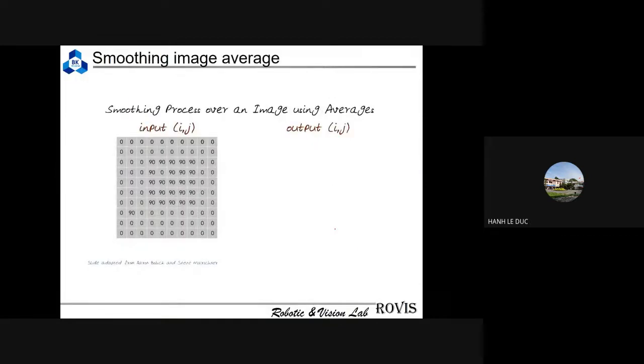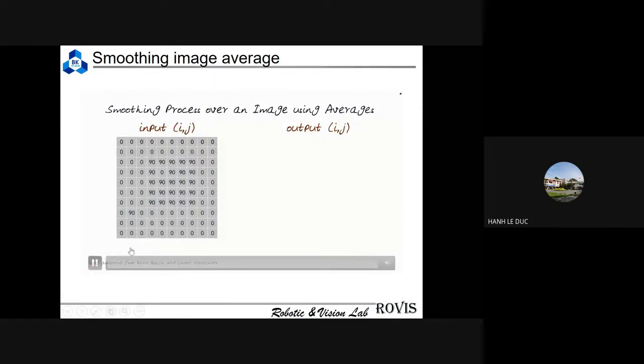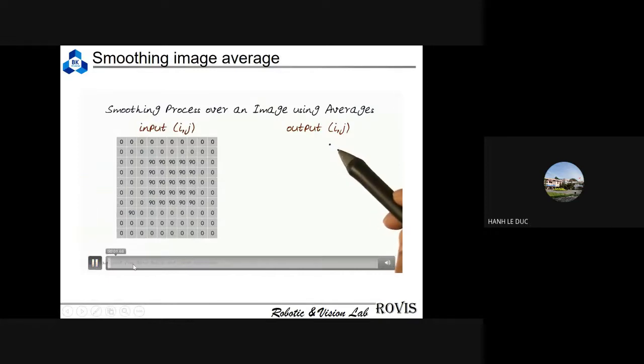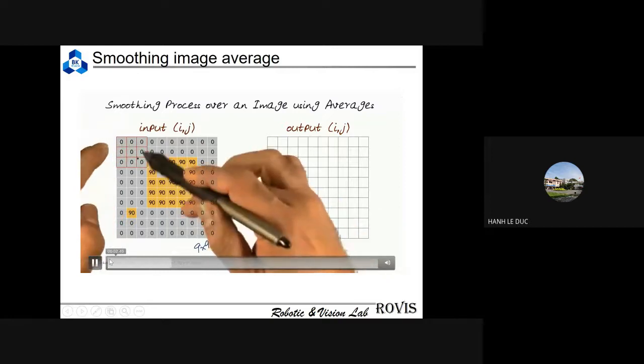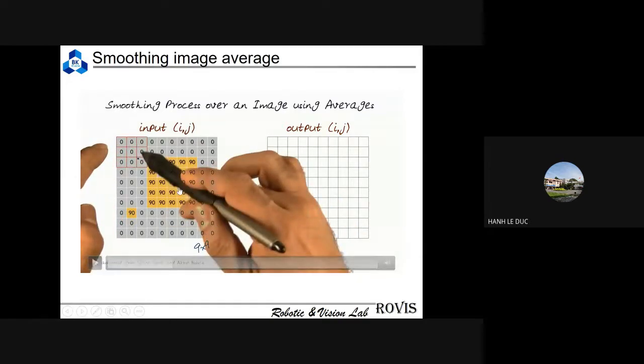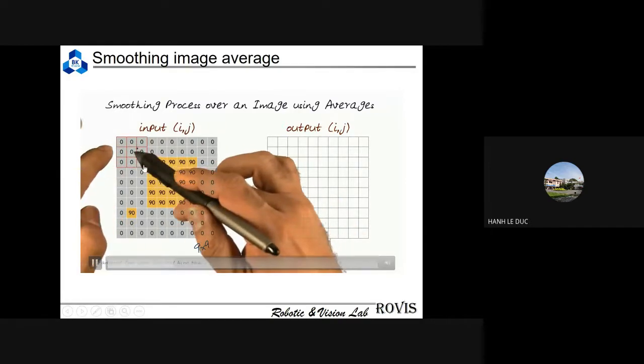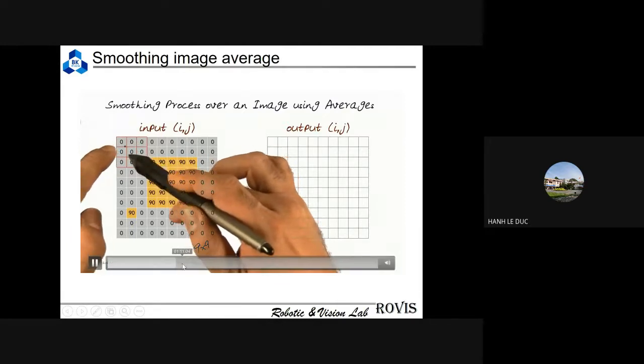And this is the movie. The movie explains more about the blur image. So if they apply the blur kernel here, you can see here.